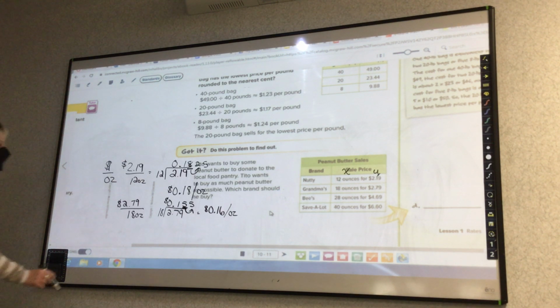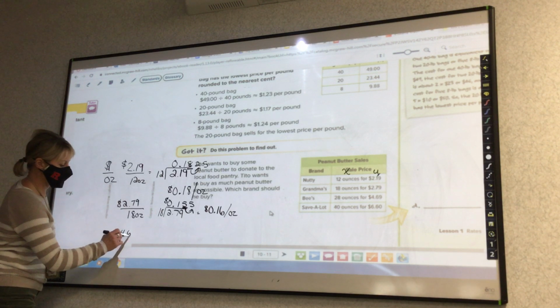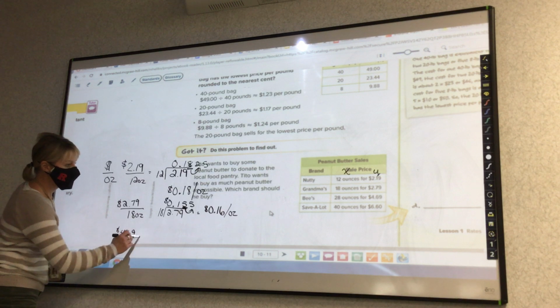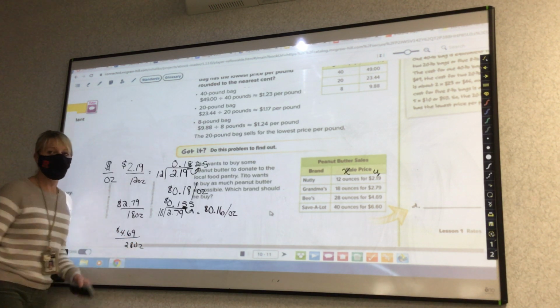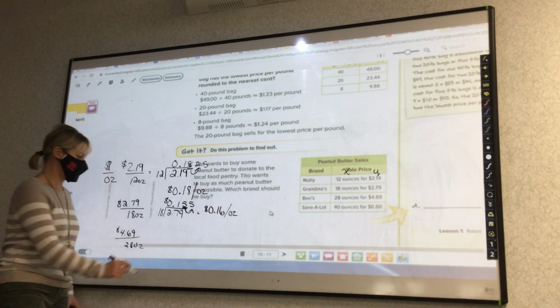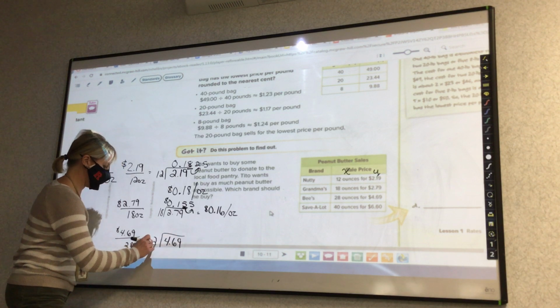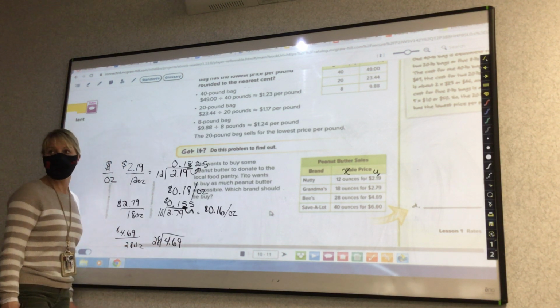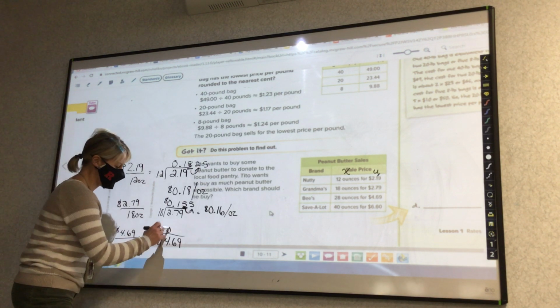Let's go do the next one. $4.69 for 28 ounces. Again, when you're doing the work, you have to show me what you're putting in your calculator. So $4.69 divided by 28 is 0.1675.